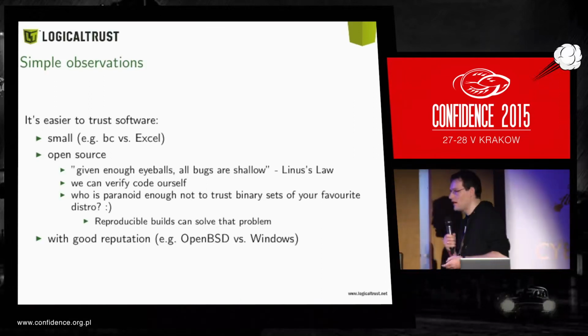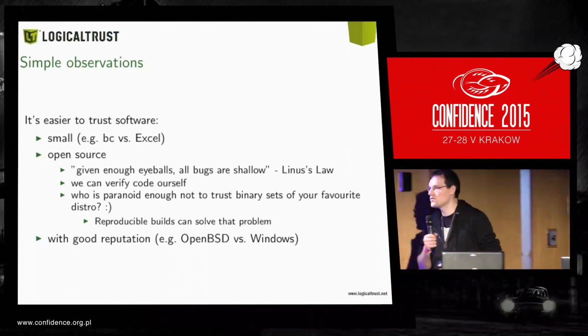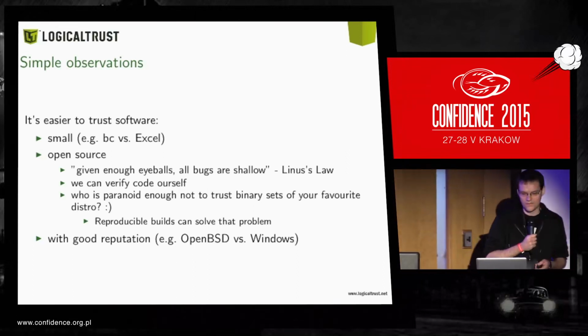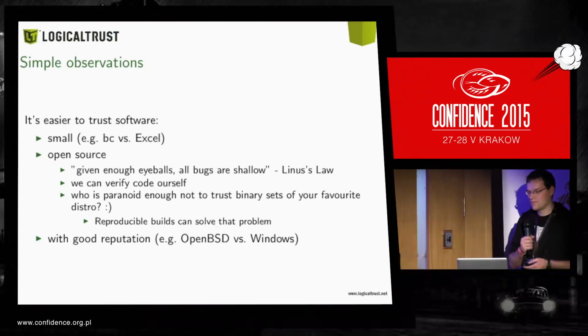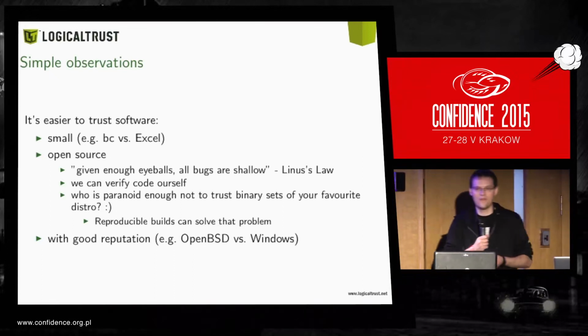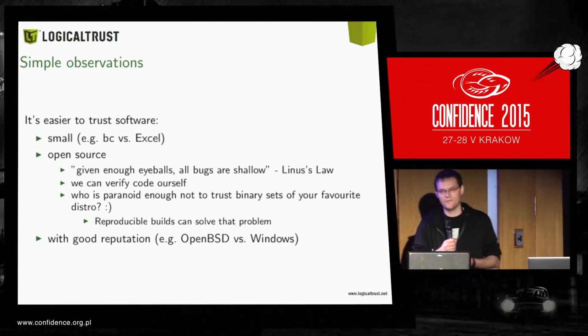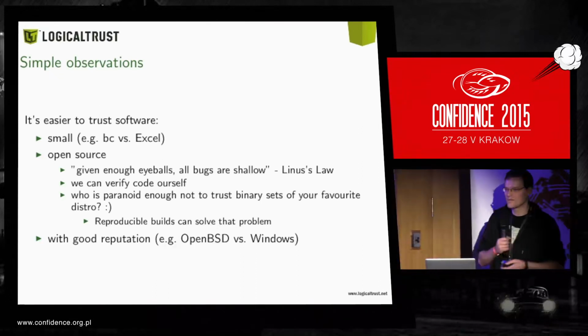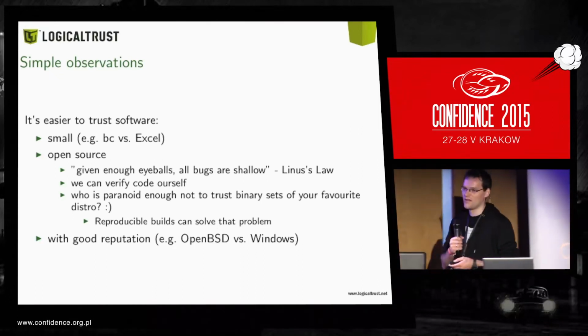And I'm pretty sure that if you really use any kind of Unix or Linux, you use binary packages. Have you ever verified them? For example, whether they were compiled from the code which is available on the internet?